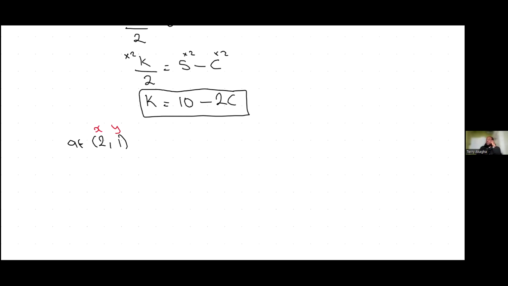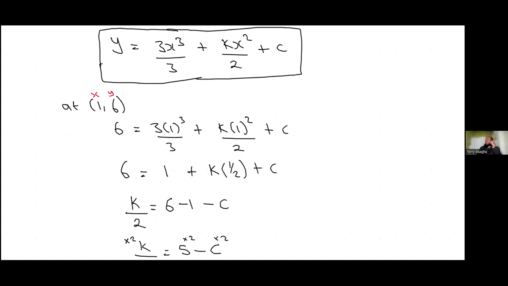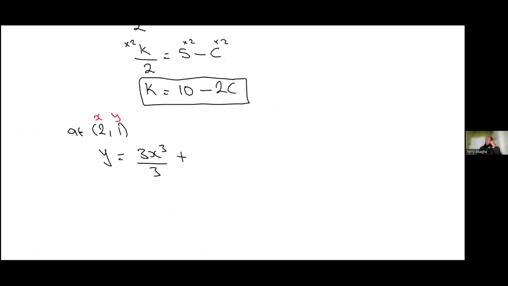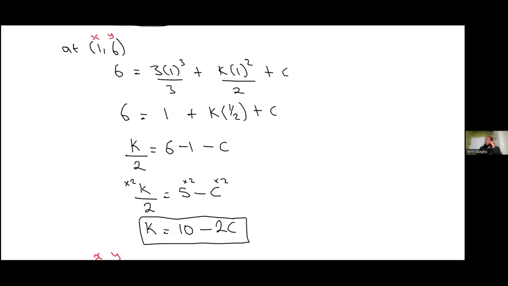So we have the point again, y is equal to 3x cubed divided by 3 plus kx squared divided by 2, then plus c.